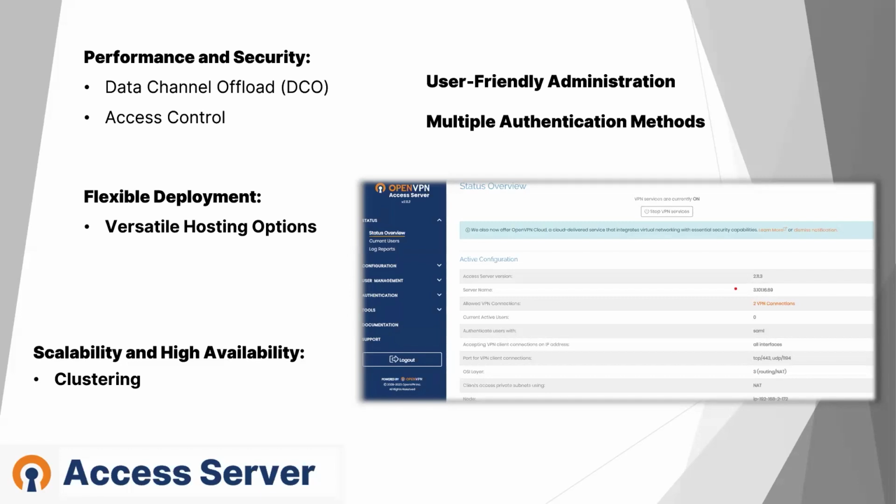This session is not applicable to OpenVPN community or open source. If you are using pfSense, it makes use of our open source software, so you would need to check the capabilities with pfSense. I'm going through the questions. I don't see any other questions here, Rohit, unless you see anything else that we haven't answered. No, I don't see anything either.